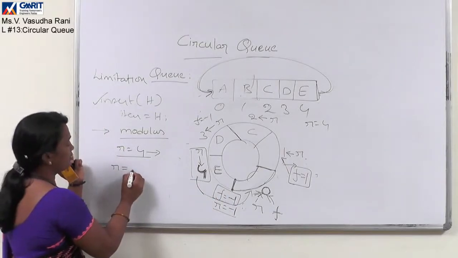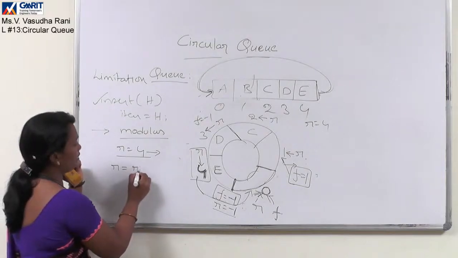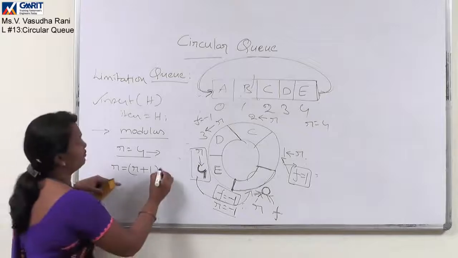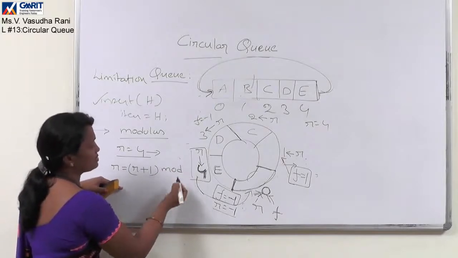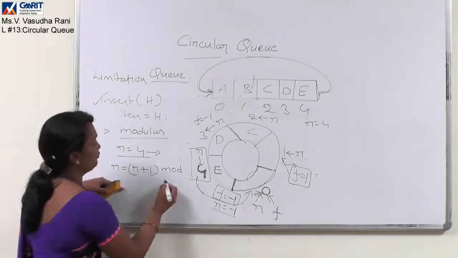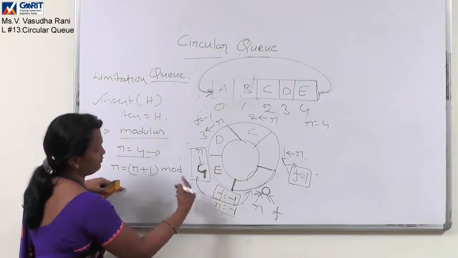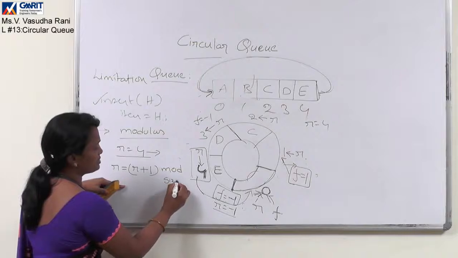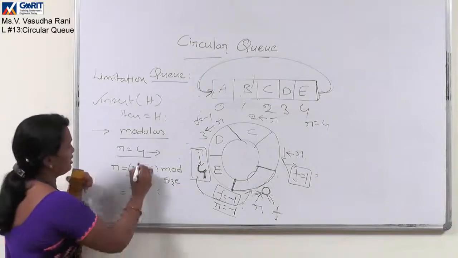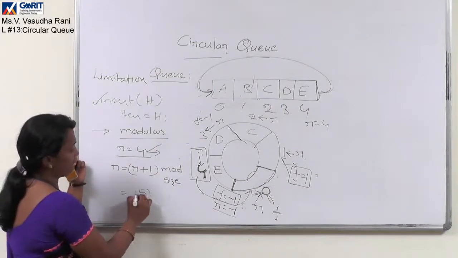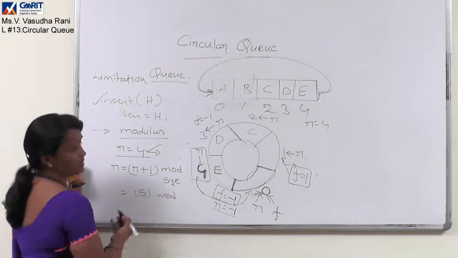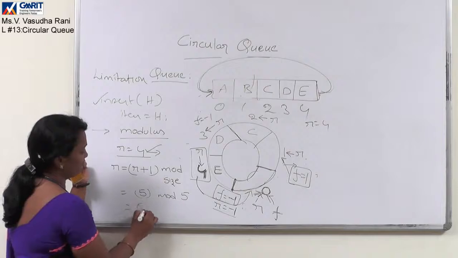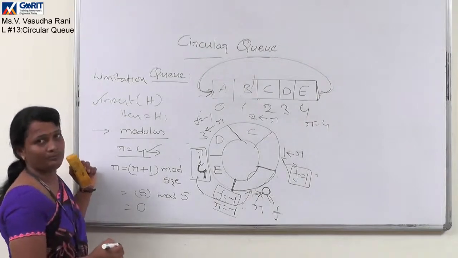For the new insertion you are going to perform r equal to r plus 1. So this r plus 1, if you apply mod operation with the size of the list, the size of the list is n. Here r is 4, so it is 5 mod n, where n is 5. 5 mod 5 gives 0.